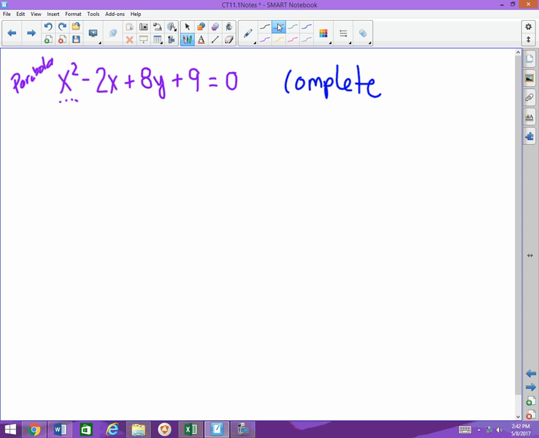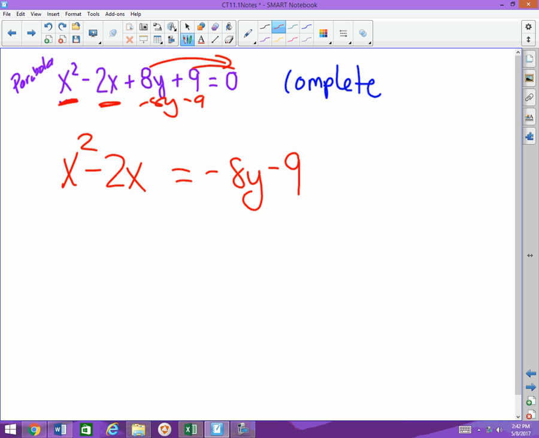So in that case, we need to isolate the squared term stuff, which is the x squared and the negative 2x. So we want to move those things to the other side by subtracting 8y and subtracting 9. So x squared minus 2x equals a negative 8y minus 9.